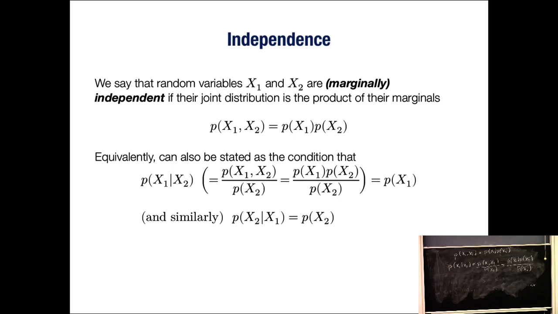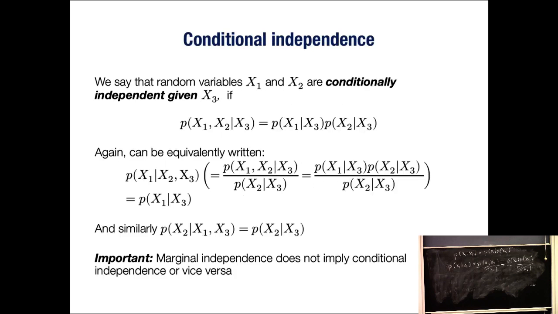This also leads to our second idea, which is conditional independence. This one is a little bit trickier to follow, though the definition is easy, but conceptually what it means is a little bit harder. The most important part of conditional independence is this point here: marginal independence, so two variables being independent, does not mean that they are conditionally independent.